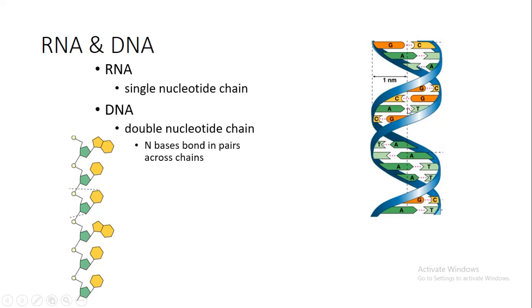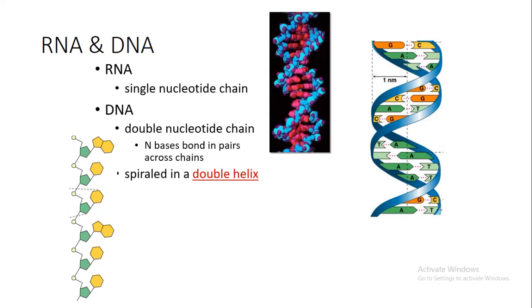These two strands normally twist around each other, leading to the formation of a double helix structure. So normally DNA is a double helix.